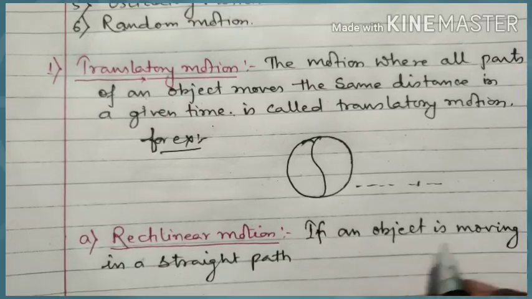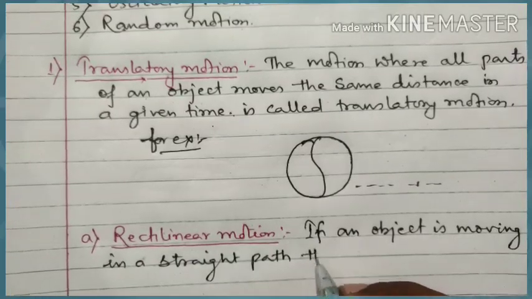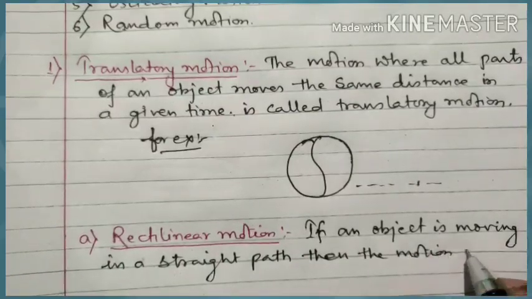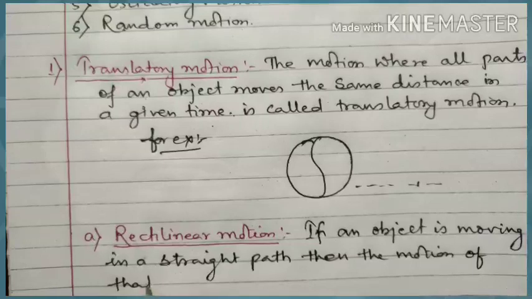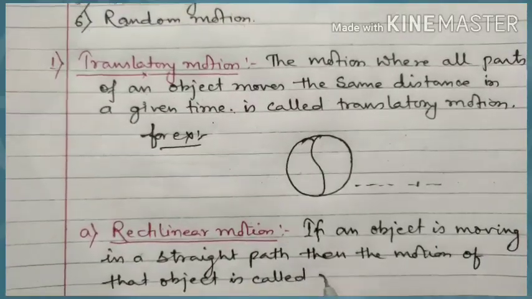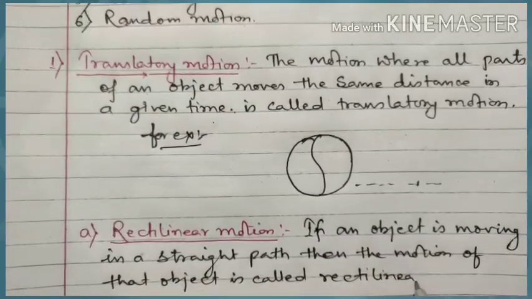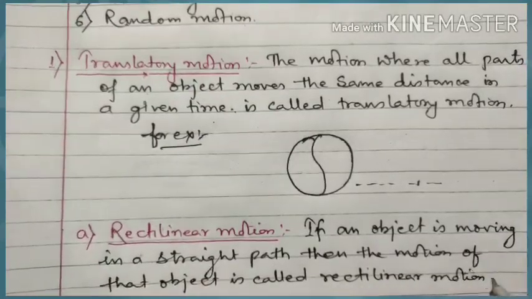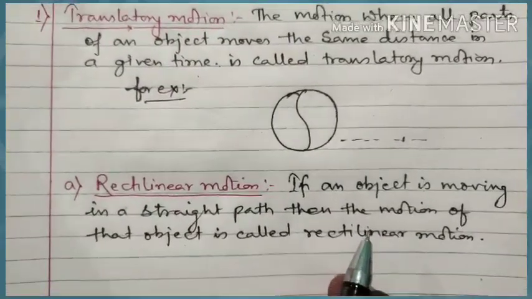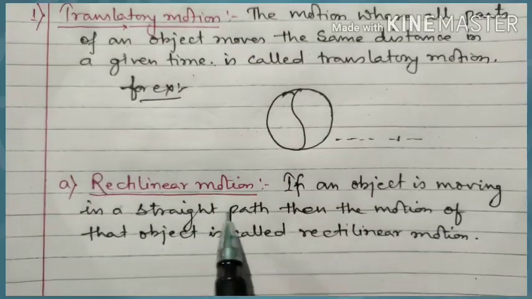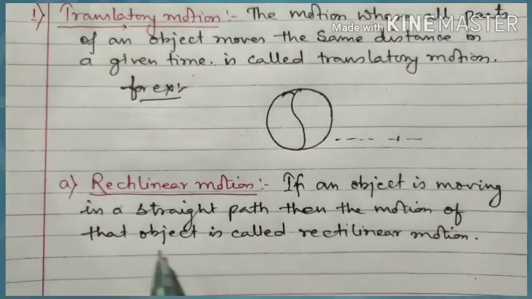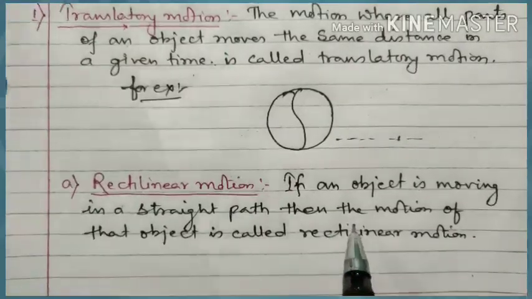If an object is moving in a straight path, then the motion of that object is called rectilinear motion. In short, you can say that the motion in a straight line is called rectilinear motion. Or you can define it: if an object is moving in a straight path, then the motion of that object will be called rectilinear motion.